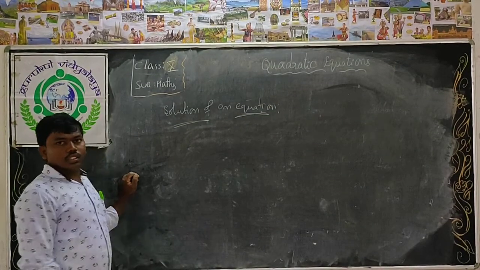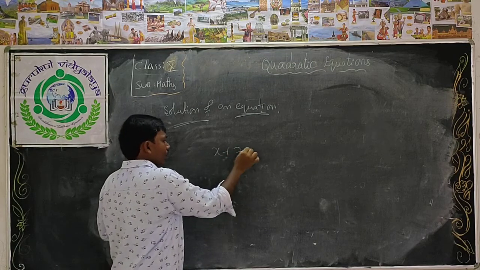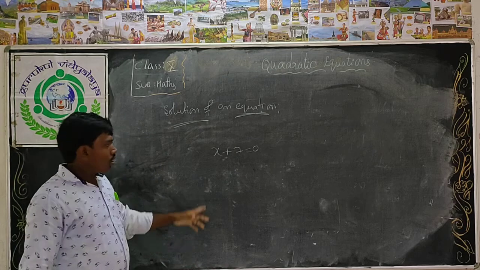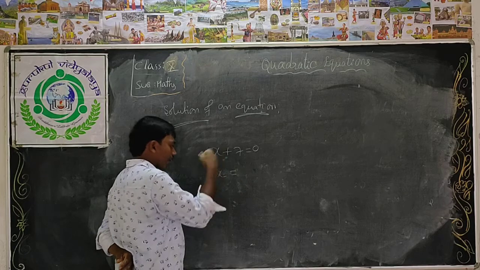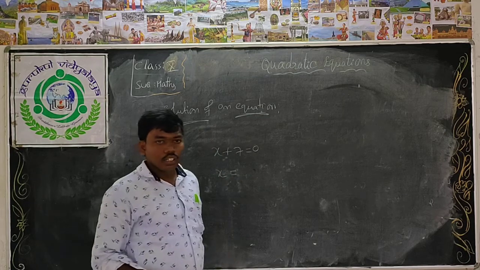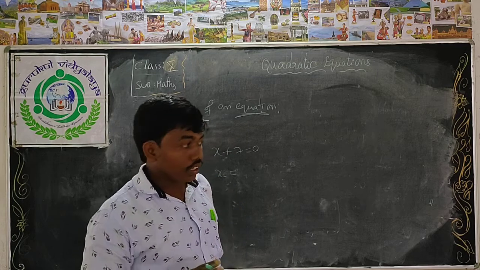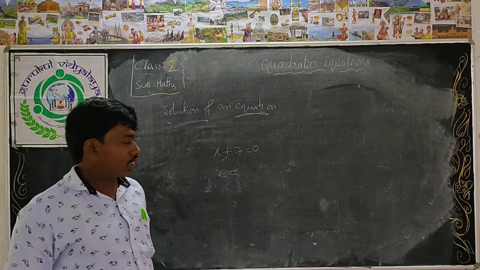See the children, solution of an equation. For example, x plus 7 is equal to 0. It is called a linear equation in one variable or simple equation. We can solve easily. For example, by the transforming method; we have different methods. You already learned the balancing method, transforming method, and the trial and error method, in 6th and 7th classes.